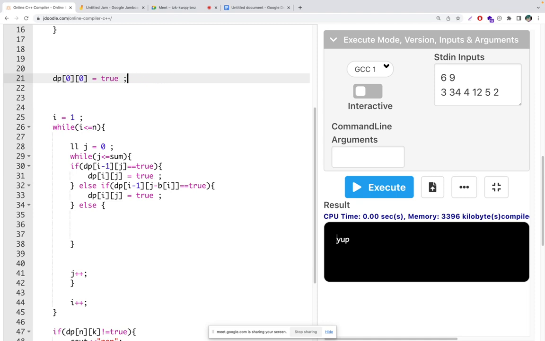Now see, I'm running a for loop from 1 to n, and then 1 to t, or you can say 0 to t to be more precise. I have written sum here, but you could write k here, I think. We are considering in this problem that all the array elements are positive.